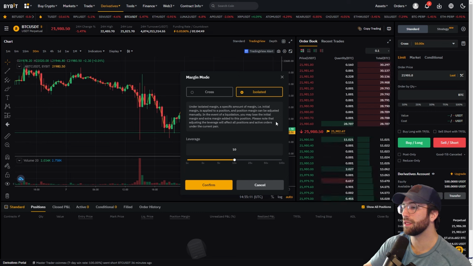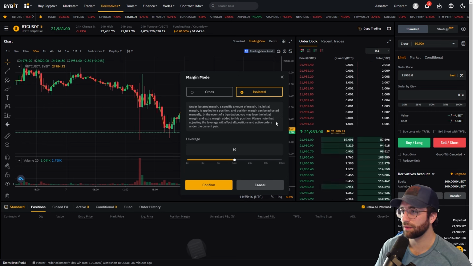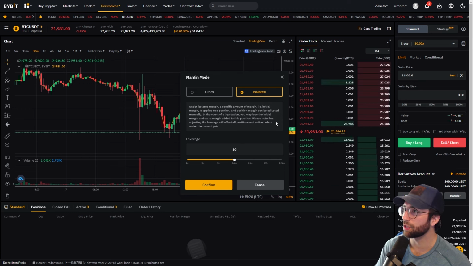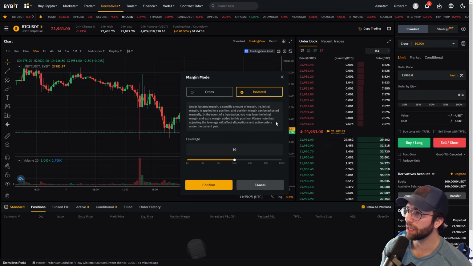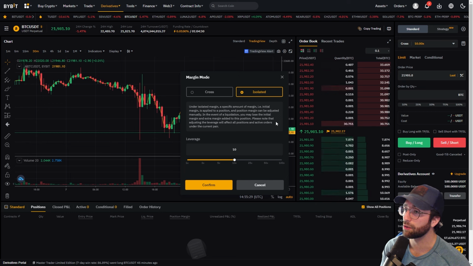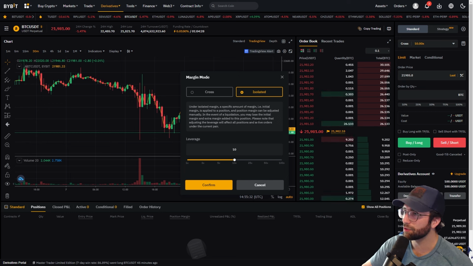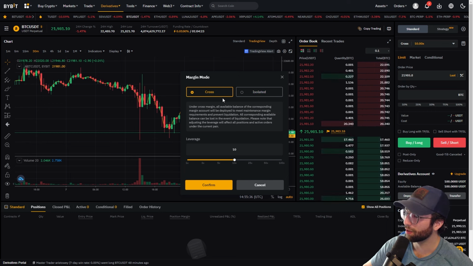Now as a beginner in trading, you're oftentimes going to get very emotional when your P&L goes red. You see a huge candle that goes in the opposite direction of your trade, and you may get a lot of emotion to try and save your trade instead of just letting it go. Well, if you do not use proper risk management with a stop loss, and you're trading on cross and you let price go to your liquidation price and get liquidated, you will lose the entire balance here.